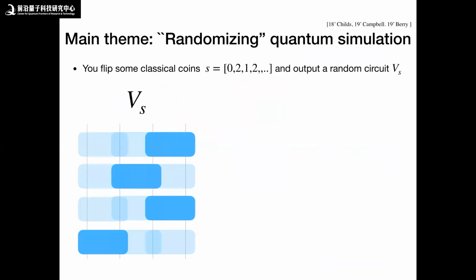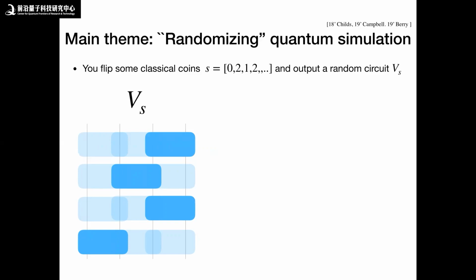And today we're going to focus on randomizing it. So the previous one is a deterministic construction. There's no coin flipping, there's no randomness. And we're going to discuss what advantage we can gain by randomizing it. Just be very careful about randomizing it, because quantum also has its own randomness.